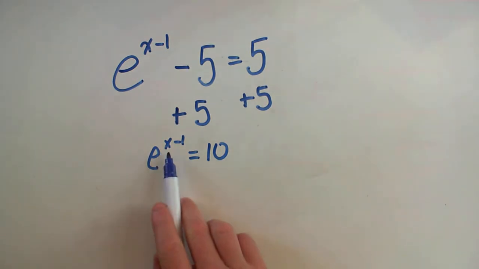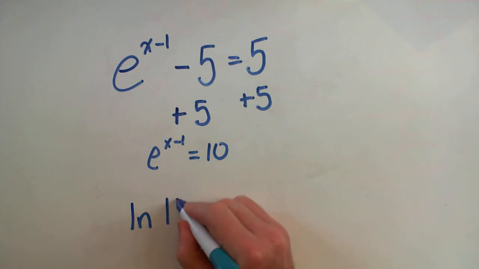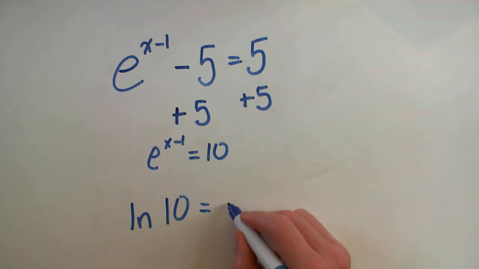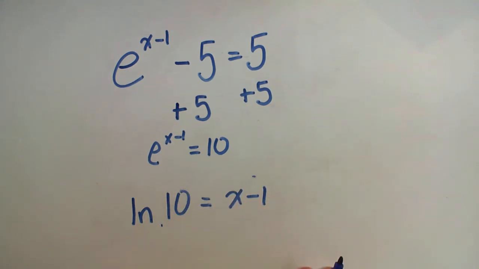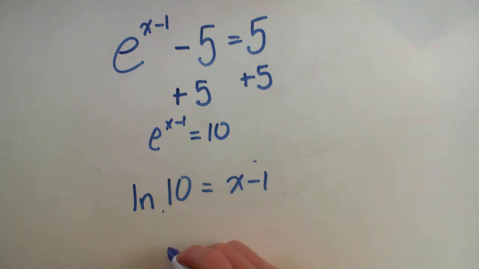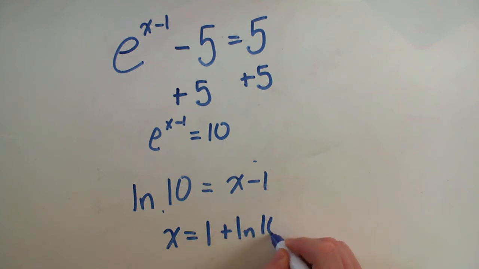And now if I just take that and change its form, using the natural log, that means there's a base of e there, natural log of 10 equals x minus 1, because e to the x minus 1 equals 10. Adding 1 to both sides, we get that x equals 1 plus the natural log of 10.